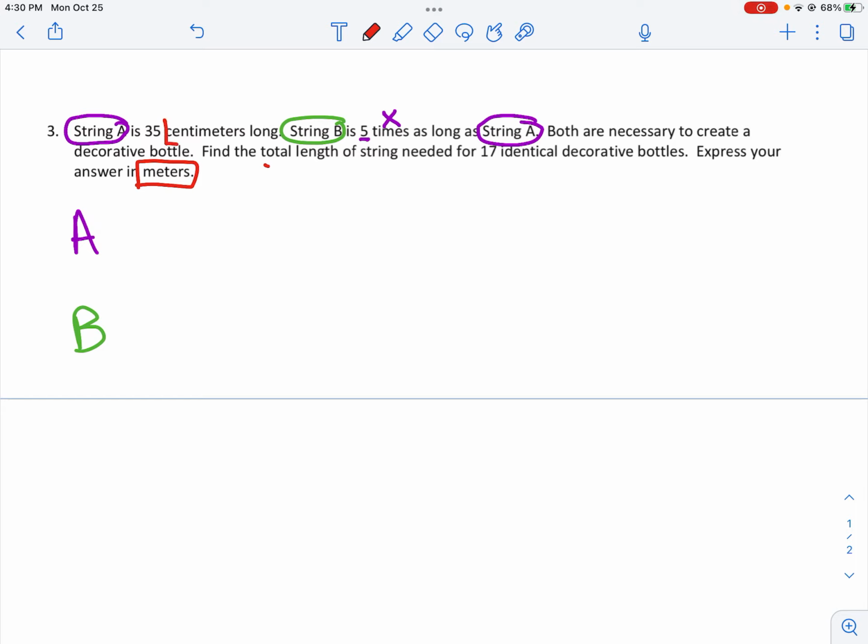So we have centimeters, and we have to change them into meters. So 35 centimeters, and we have to say how many meters. That's something that we've done in class. I would look at the page, lesson 14. Look at our 17 or centimeters into meters to figure out how to do that part.